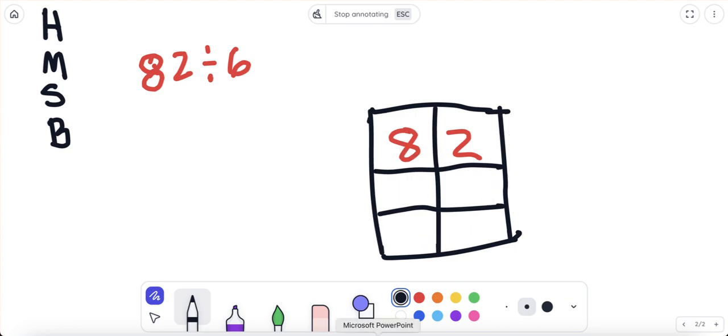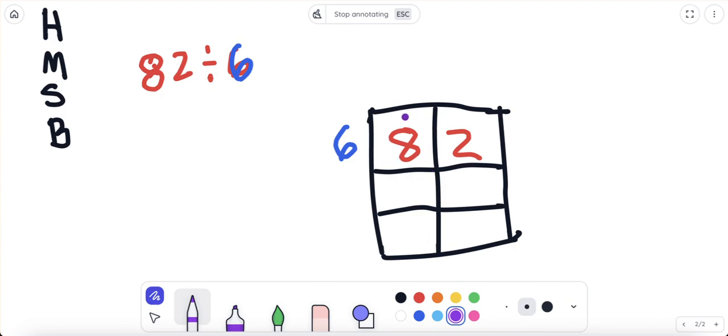So 82 divided by 6, let me color this one, 6 right here. We are going to use our letters right here to help us answer our equation. H stands for how many sets.